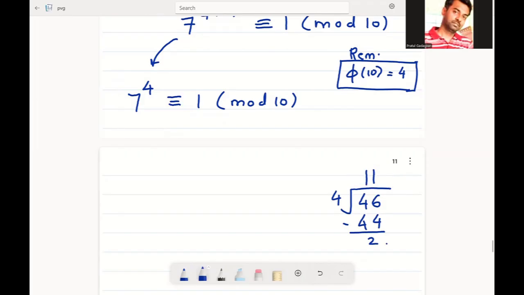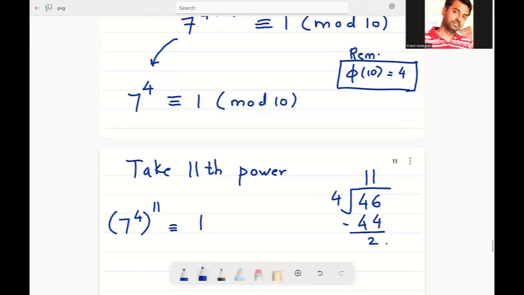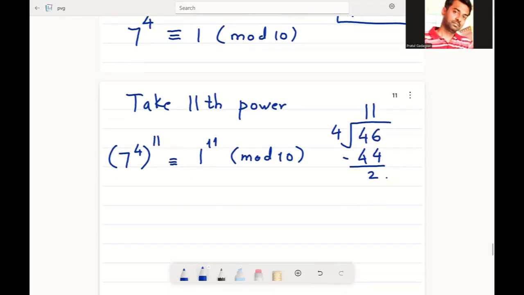So take the 11th power. 7 raised to 4 raised to 11 is congruent to 1 raised to 11 modulo 10. 1 raised to 11 is 1. So 7 raised to 4 raised to 11 will become 7 raised to 4 into 11, which is 44, is congruent to 1 modulo 10.